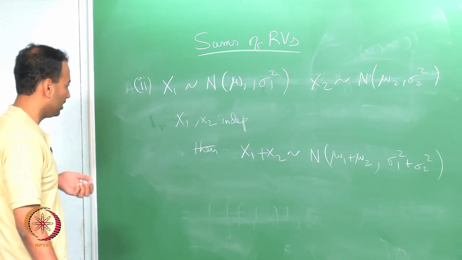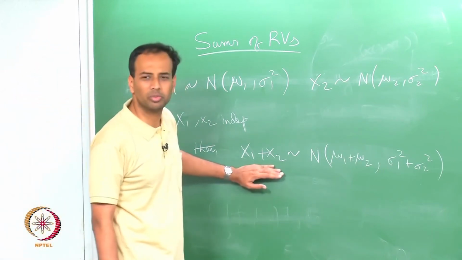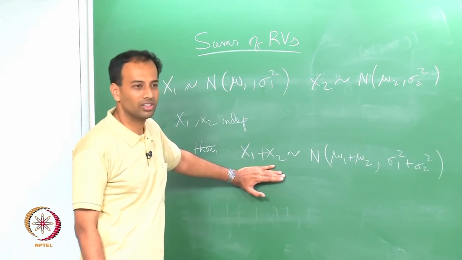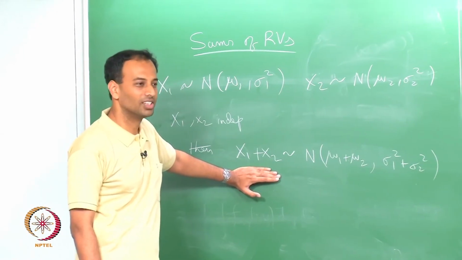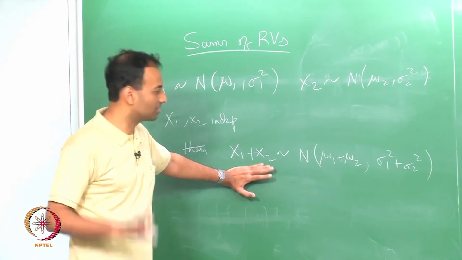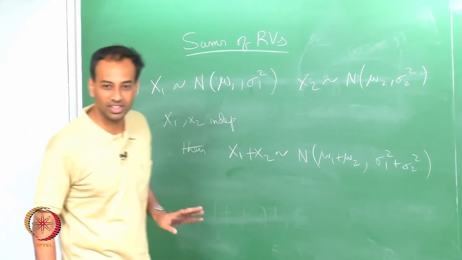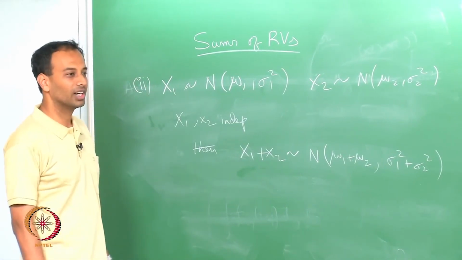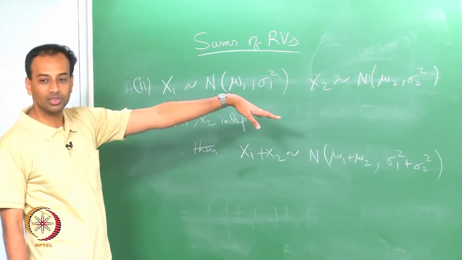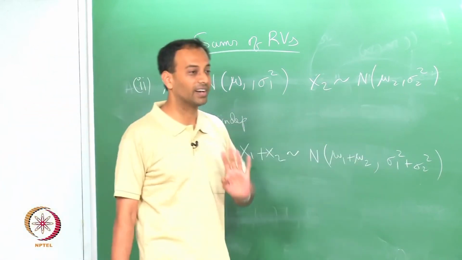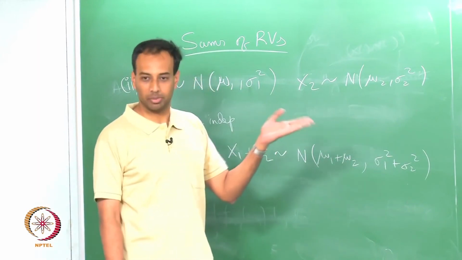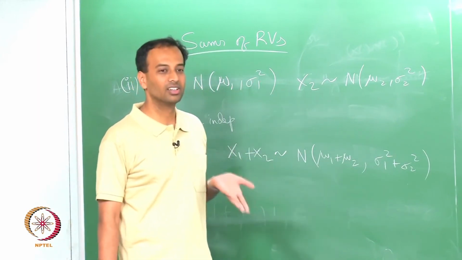Okay. So, this is a very fundamental property of the Gaussian distribution. It is one of the two properties that makes the Gaussian distribution in some sense the queen of all these continuous random variables. If you add any number of independent Gaussian random variables, you get another Gaussian random variable and the parameters simply add. Even if you add n of them, you will get another Gaussian.